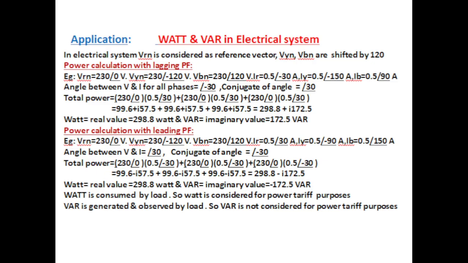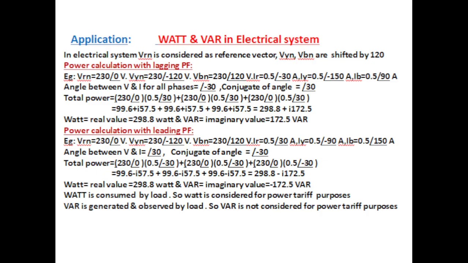Total power is equal to 230∠0 into 0.5∠30 plus 230∠0 into 0.5∠30 plus 230∠0 into 0.5∠30. That is, each phase voltage is considered as reference and current as the variable vector, and considered for multiplication.